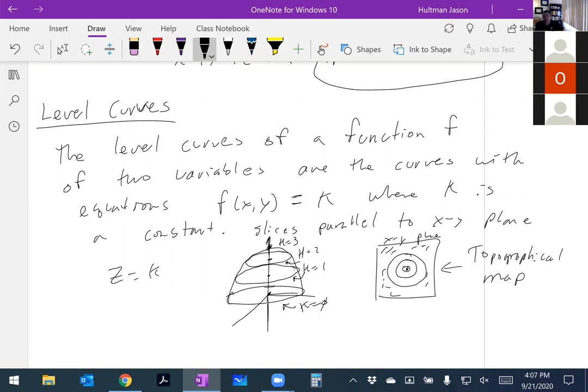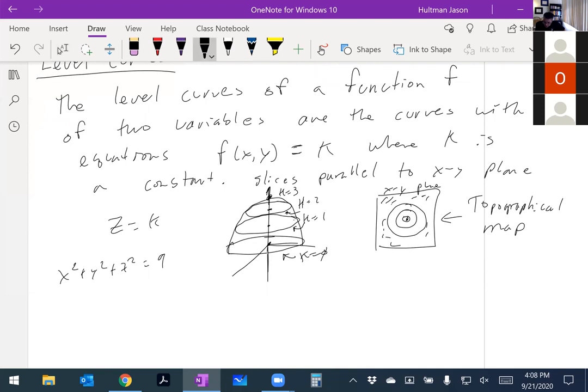Well, then I just get a point. If this was the thing that I was working with before, if I had x squared plus y squared plus z squared equals 9, then when k is equal to 3, if z is equal to k here, we let z be a constant.